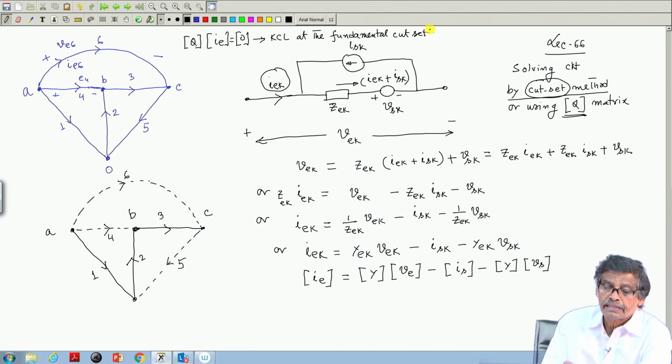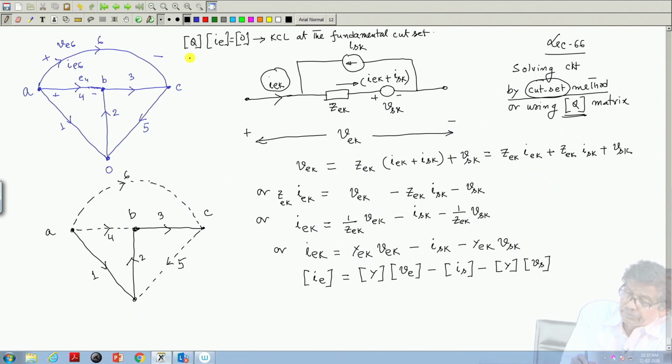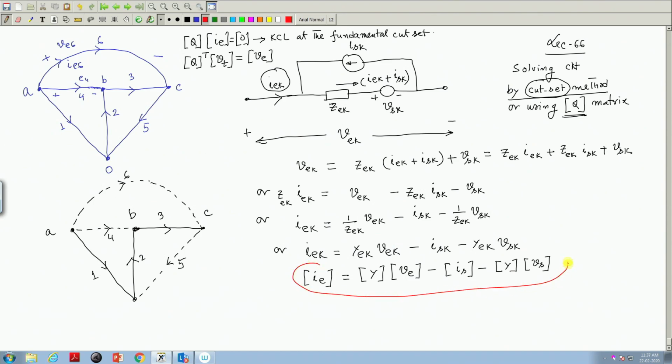This is known, and another relationship is known, that is Q transpose into the twig voltages is equal to the element voltages. That is, if you know the twig voltages, you know all the element voltages, and if you know all the element voltages, node voltages can be calculated and so on. So, this is the fundamental equation to begin with here.